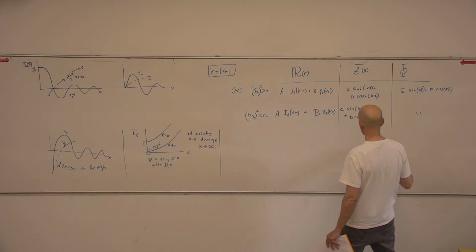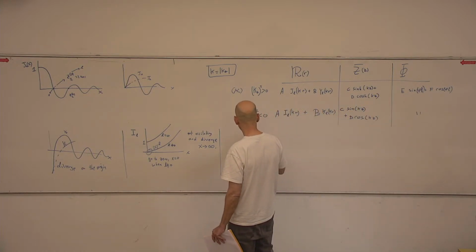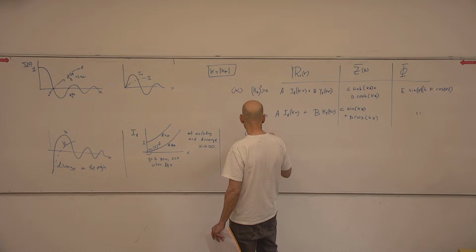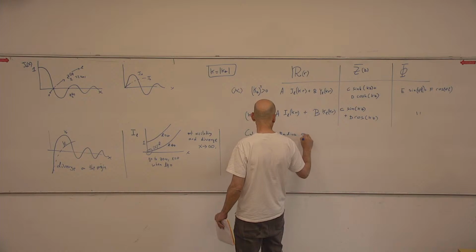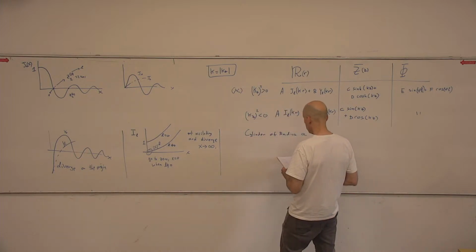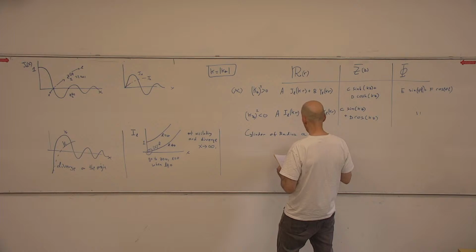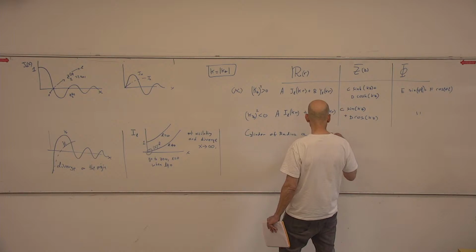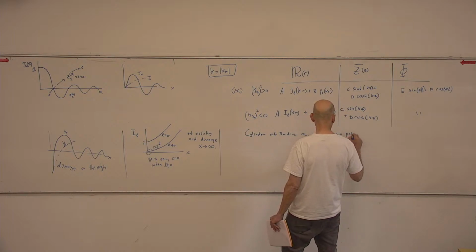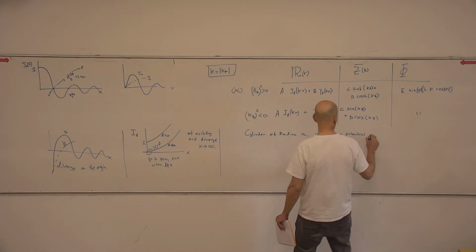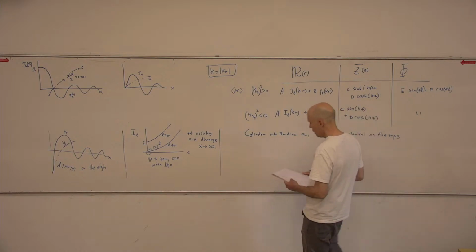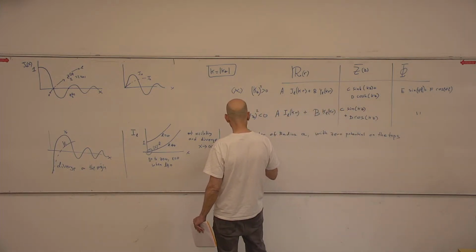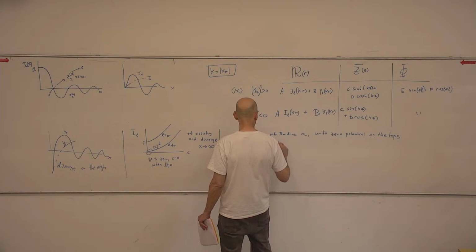So it is a cylinder of radius A with 0 potential on the tops, I mean tops and bottom, and V on the side.